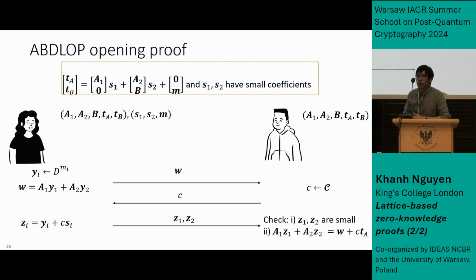And the prover outputs zi, which is yi plus csi. Okay? So literally the same thing as before. And the verifier has to check that Z1, Z2 have small norm, and A1Z1 plus A2Z2 is equal to W plus CTA. Okay, so the opening proof is somewhat similar to what we have with the identification protocol from the previous talk.